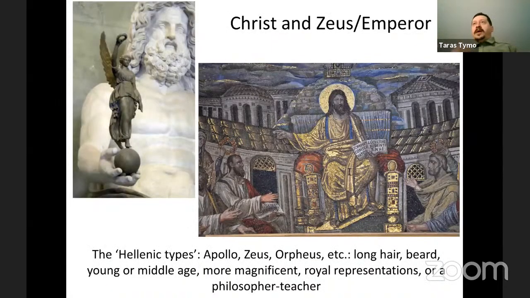The other Hellenic, Greco-Roman type of representation of Jesus in the earlier times, quite different from the previous one, is Christ represented in iconography taken from images of Zeus and images of emperors.